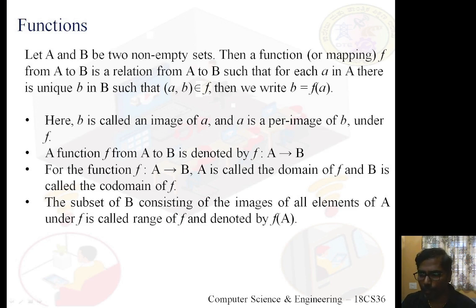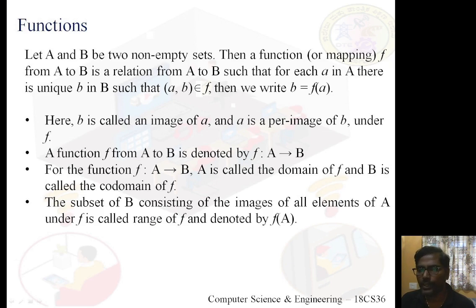Among them, we can observe few relations in which all elements of set A will be related to exactly one element of set B. And such relations we call a function from A to B. Got it? Clear?